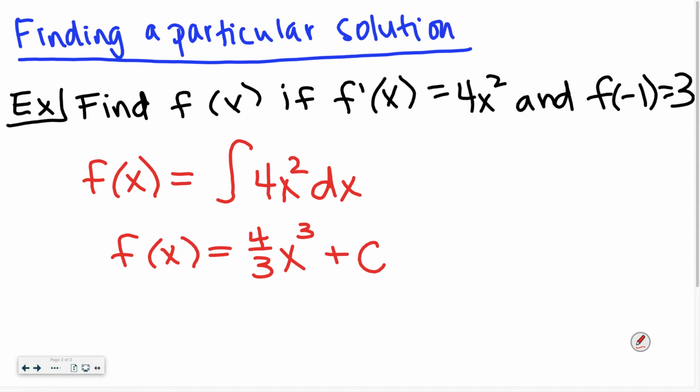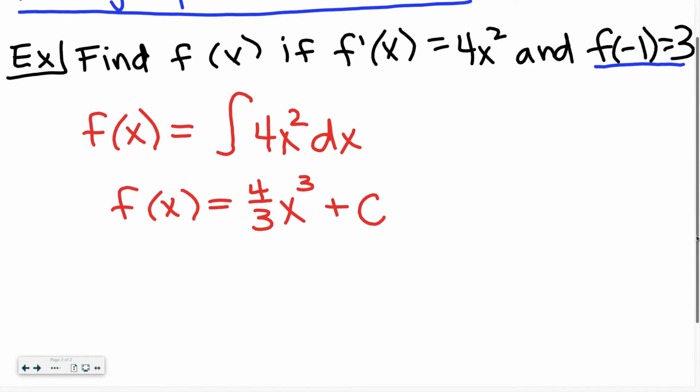Okay. Because now, if we know that we have the coordinate negative 1, 3 on our function, we can determine what that plus C is. So at this point, we can say, all right, well, if we plug negative 1 in for x, our function value is 3.